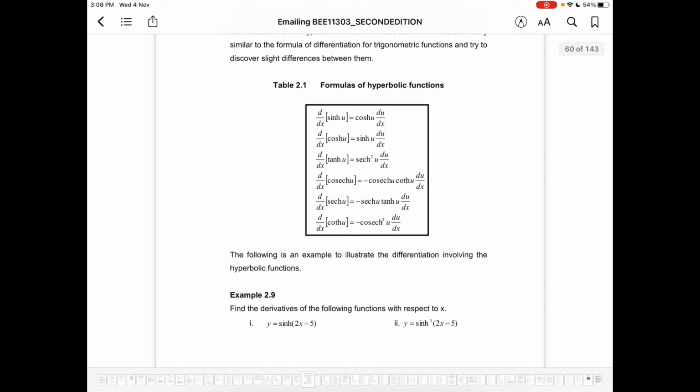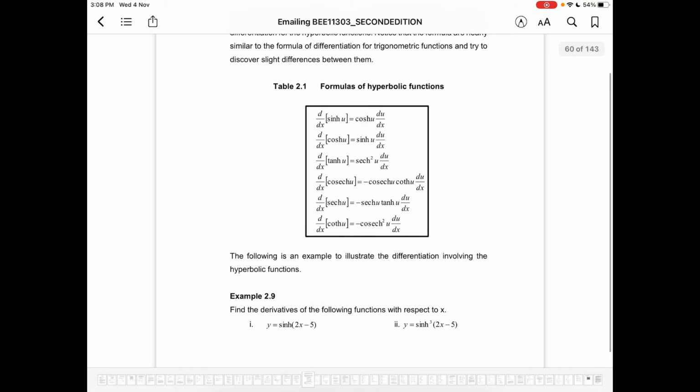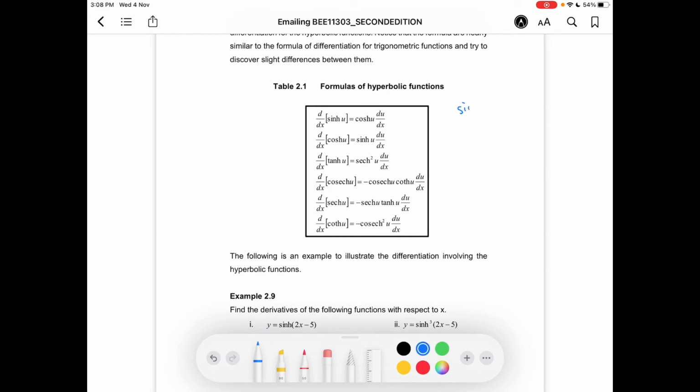If you can recall, for the trigonometry functions, if you differentiate sine x, you'll get cos x. If you differentiate cos x, you'll get negative sine x. But for hyperbolic functions, if you differentiate hyperbolic sine, you will get hyperbolic cos. But if you differentiate hyperbolic cos, you will get hyperbolic sine, without the negative.